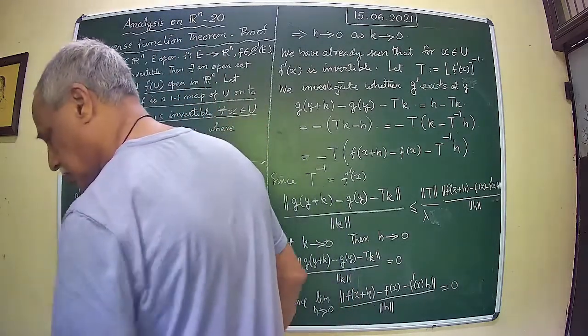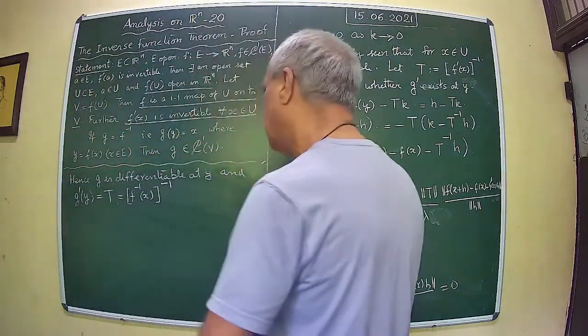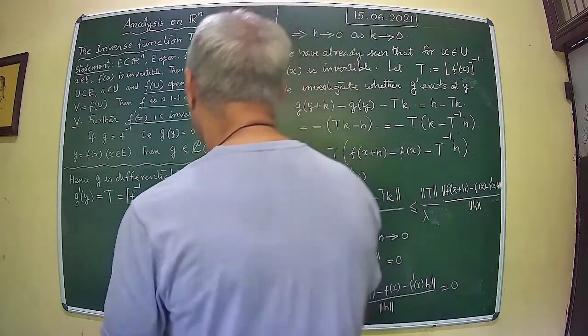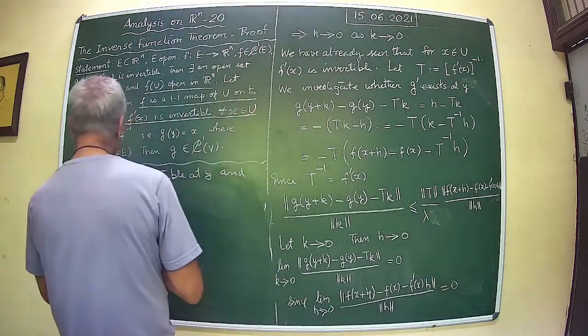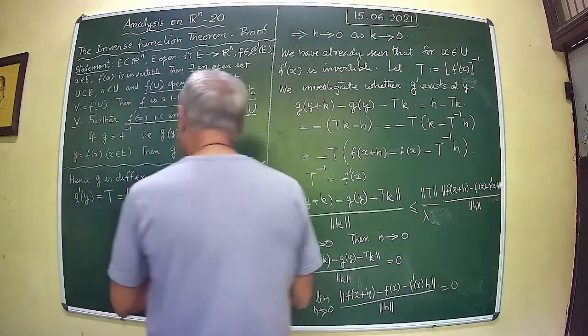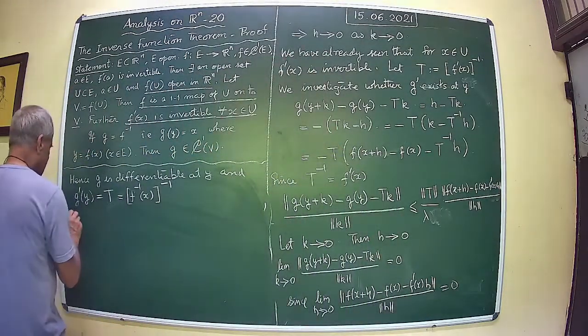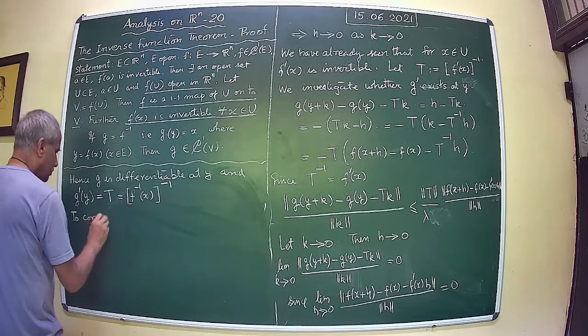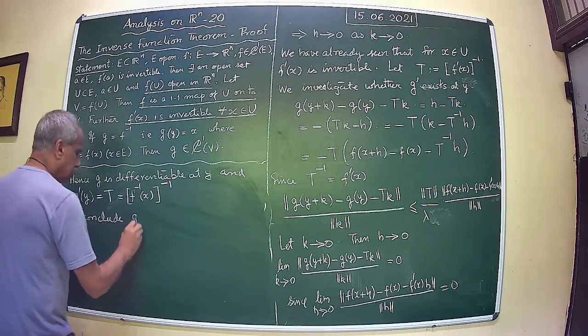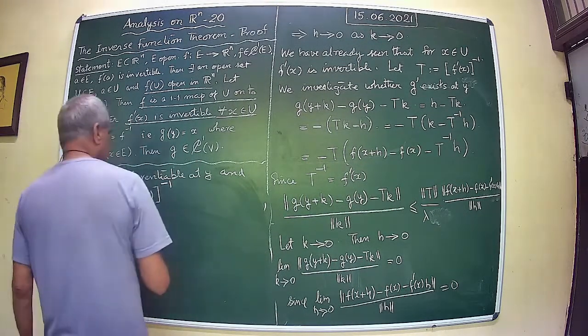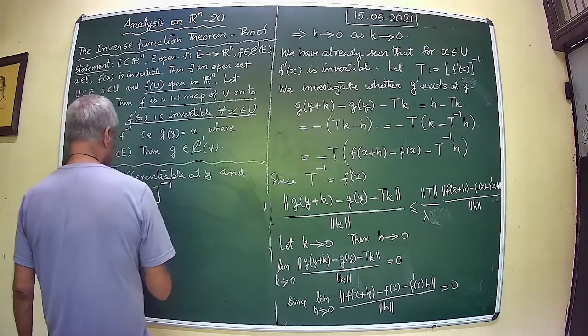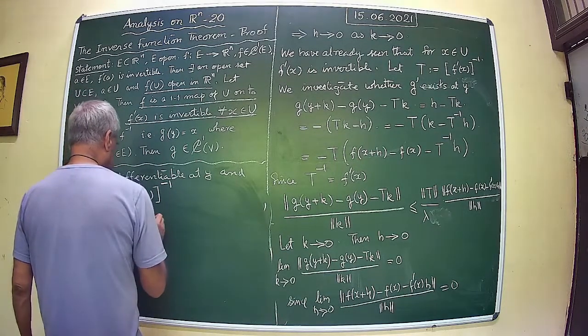Now what do we want? So we want to go one step further. So we have proved the existence of g derivative. Now it is sufficient to conclude that g derivative is continuous.